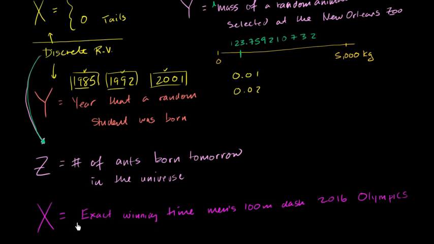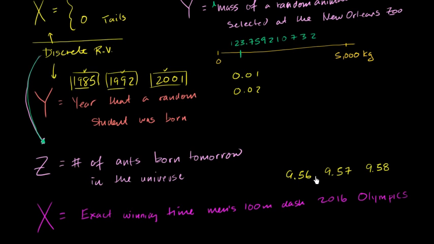Is this a discrete or continuous random variable? Well, the way I've defined it, and this one's a little bit tricky because you might say it's countable. You might say, well, it could be 9.56 seconds, or 9.57 seconds, or 9.58 seconds. And you might be tempted to believe that because when you watch the 100-meter dash at the Olympics, they measure it to the nearest hundredths.